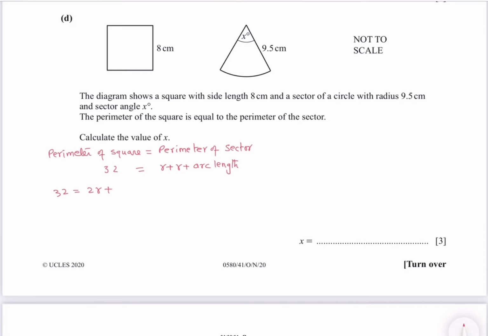So 32 is equal to 2r plus arc length is theta over 360 into 2 pi r. So 32 is equal to 2 times 9.5 plus x over 360 into 2 pi, and r is again 9.5. So from here make x the subject, so you will get 78.4, which is the value of x.